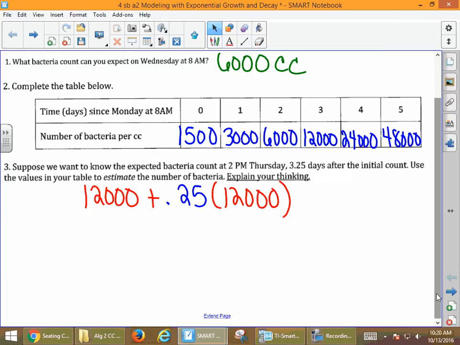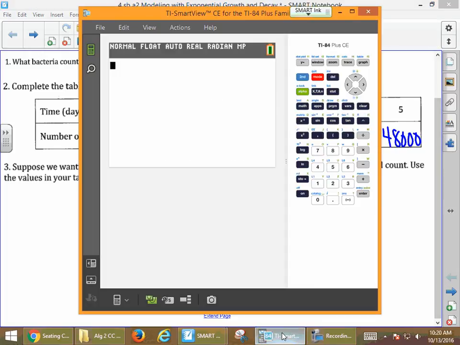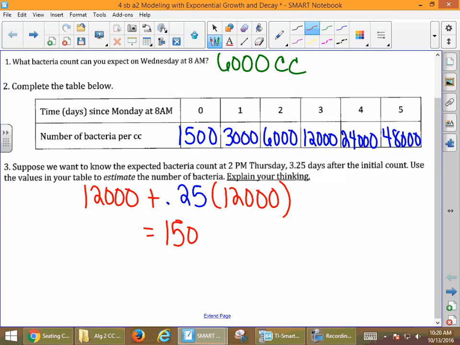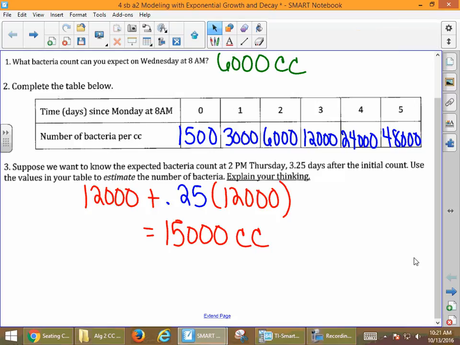So if we pull out our calculators and type that in, we get 12,000 plus 0.25 times 12,000, and we end up with 15,000 cubic centimeters of bacteria. I think we'll leave it in mathematical terms rather than in words.